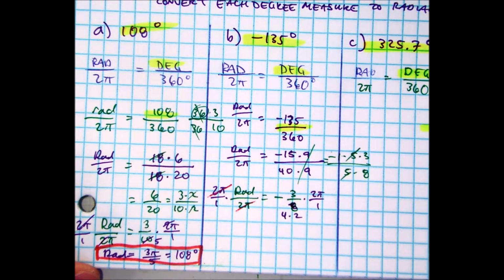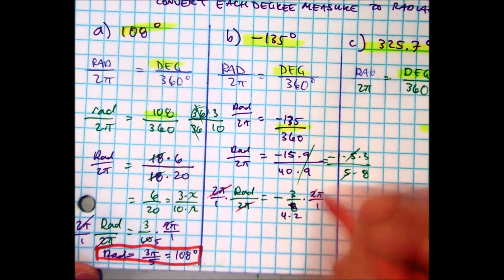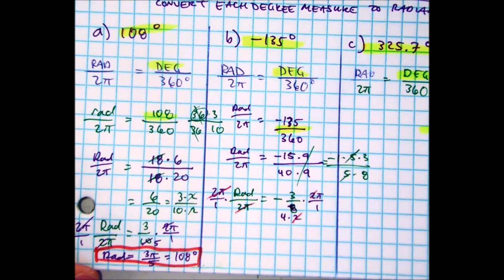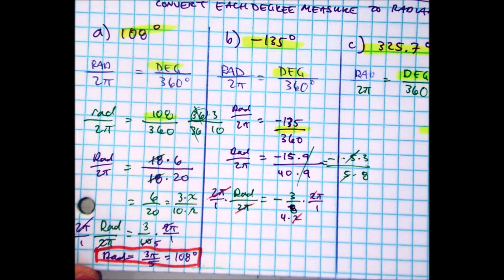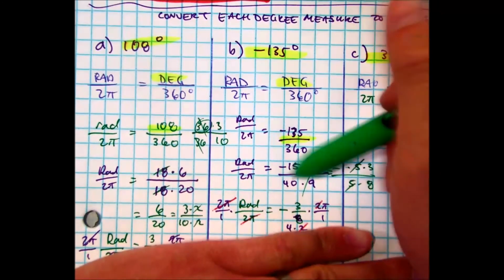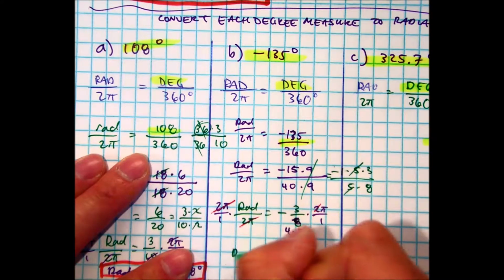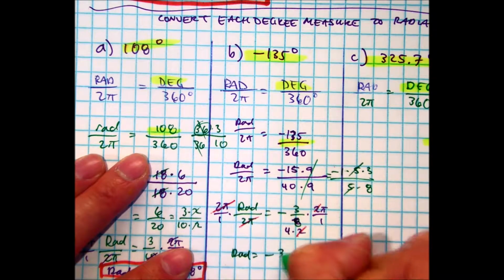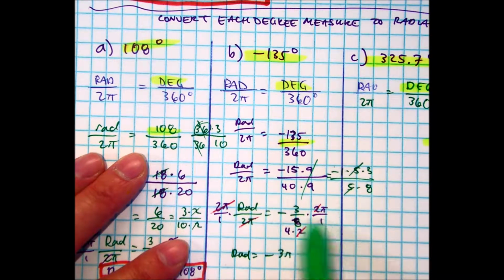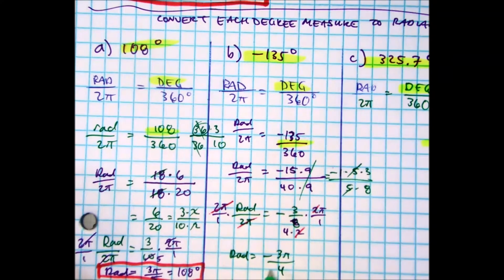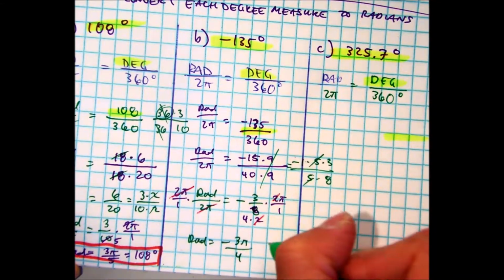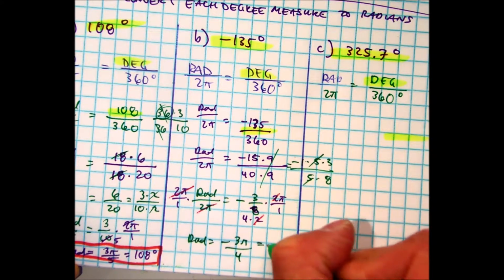And your 2s cancel. What's left on the top part of the fraction? Negative 3 pi. Yeah, you can put your finger there. Negative 3 pi. And what's left in the denominator is just 4 times 1, which is just 4. So negative 3 pi over 4 is the same thing as negative 135 degrees.